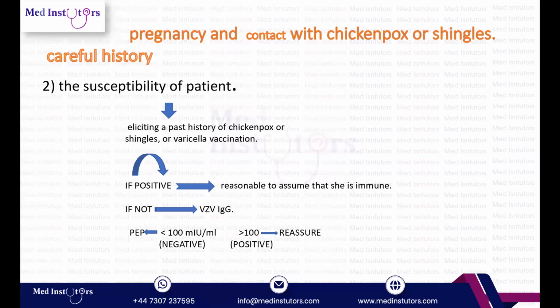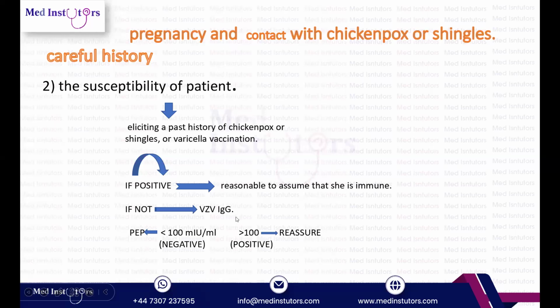So if they do have a history, it is reasonable to assume that she is immune. But if they do not have a history or are unsure, or they belong to tropical or subtropical areas, we have to go for serum varicella zoster virus IgG levels.